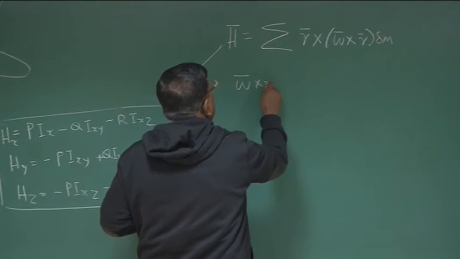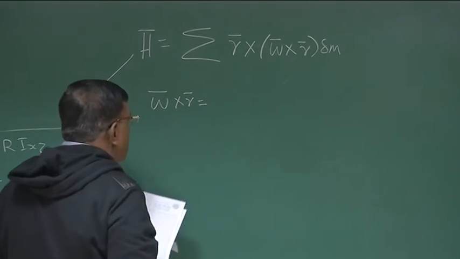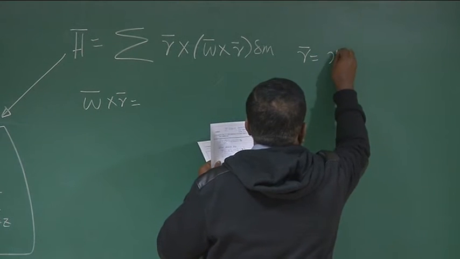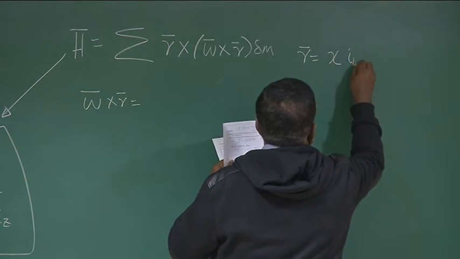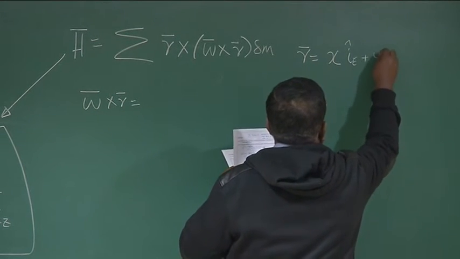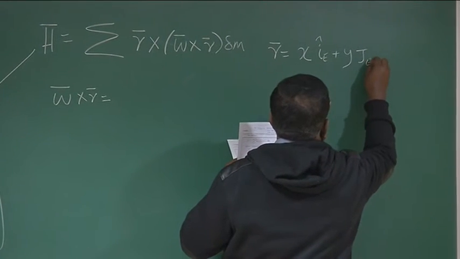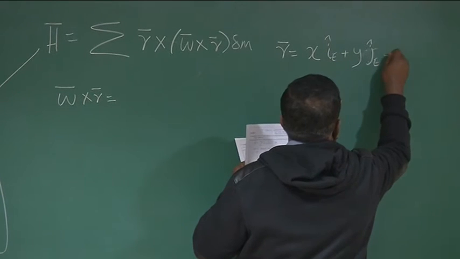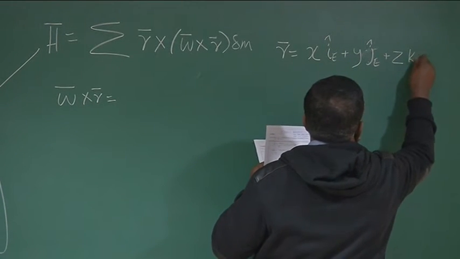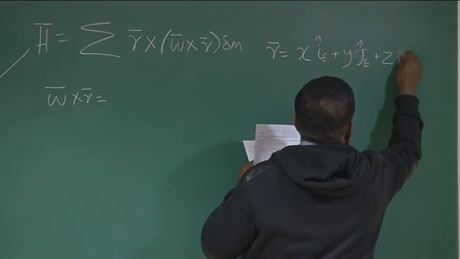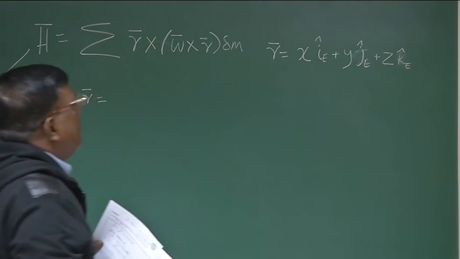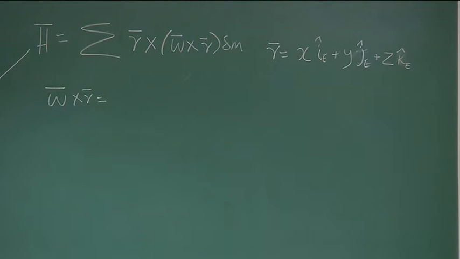What is r? r is x iE plus y jE plus z kE. Now, omega cross r is what?